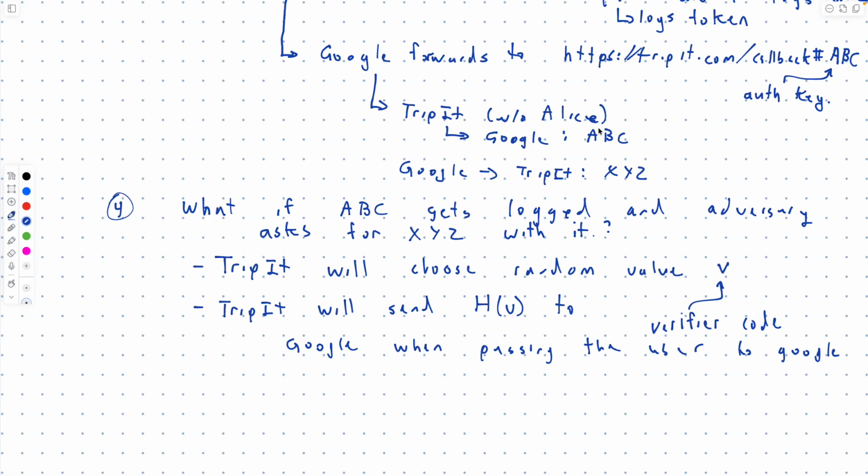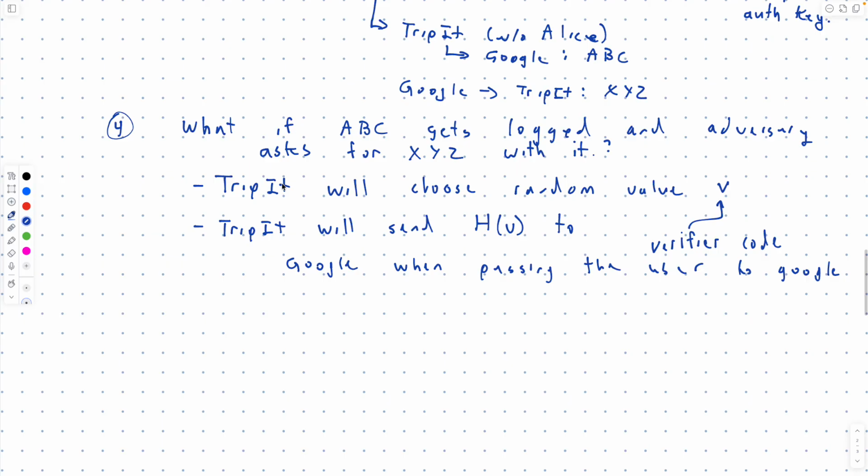And what Google will say is, hey, earlier you sent me the hash of a value. I want you to send that value itself. So I want you to send me V, and then I'm going to check whether V matches H of V. And if it does, I know you're the same person that was talking to me before. So somebody else steals ABC, they don't have V to go along with it, so they're not going to be able to claim it.